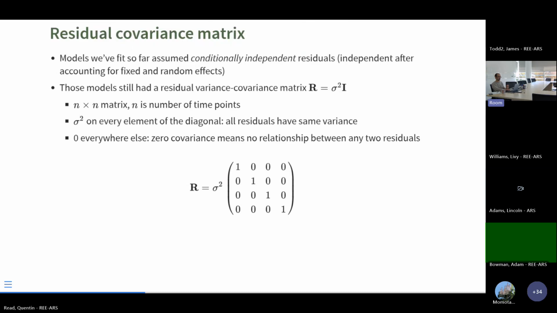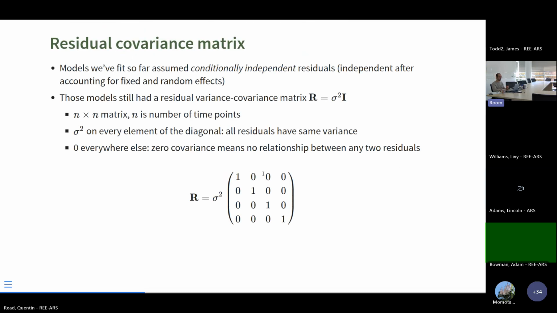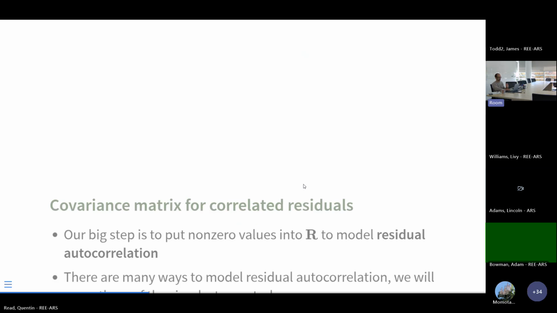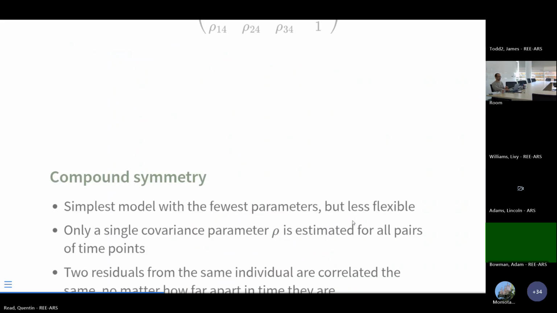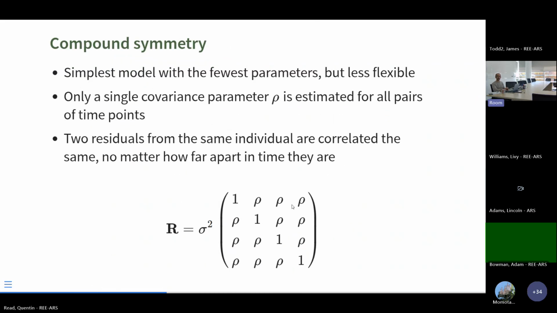Having no covariance and independent residuals, you're going to have zeros in this covariance matrix. You could do unstructured and estimate a separate parameter for every one. You could do compound symmetry and estimate one parameter that's the same for every pair of time points.